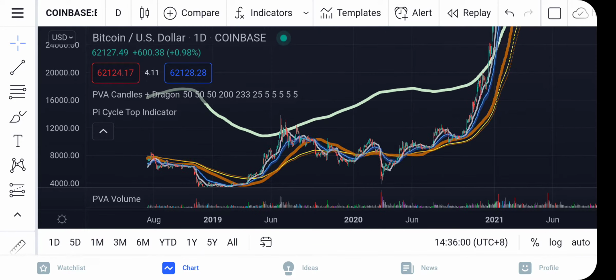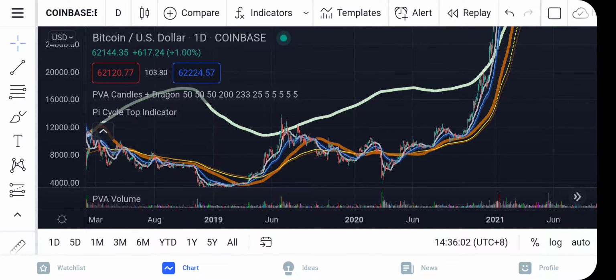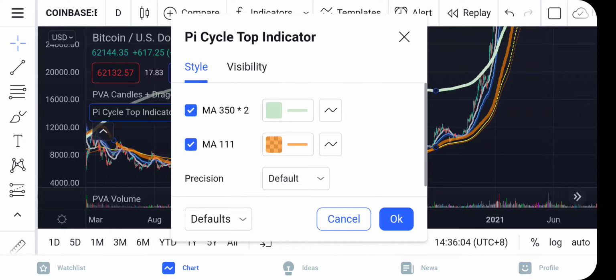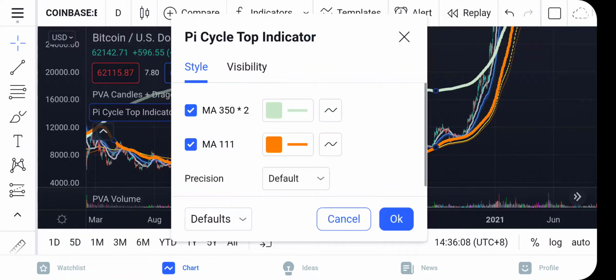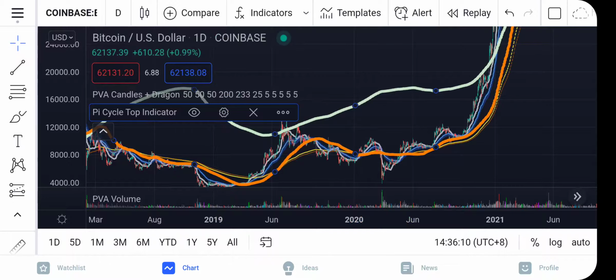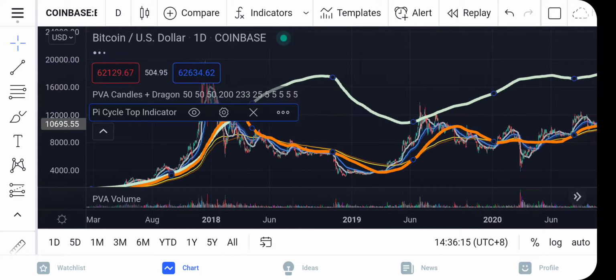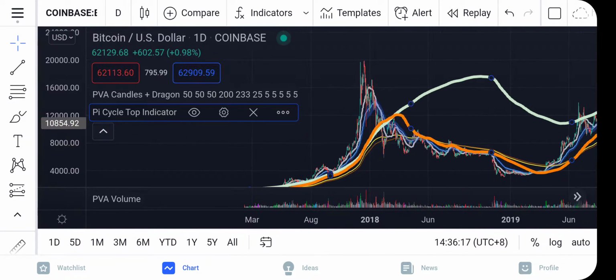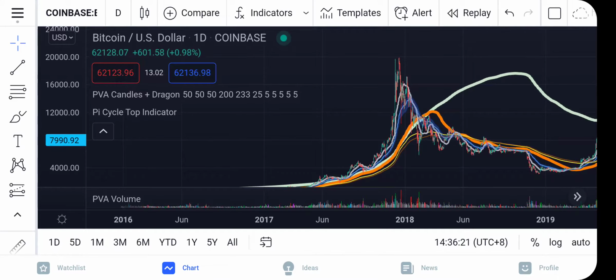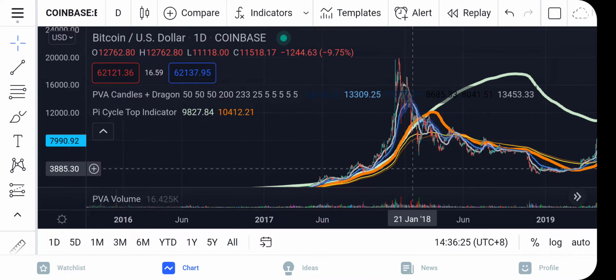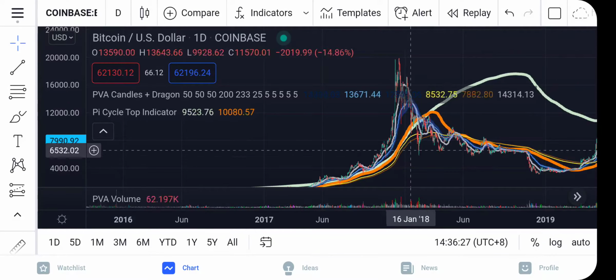Let me change this orange line to something more visible. Okay, perfect now. What I want to show you is the last time the orange line crossed the green line, the orange line going up, which happened around here.